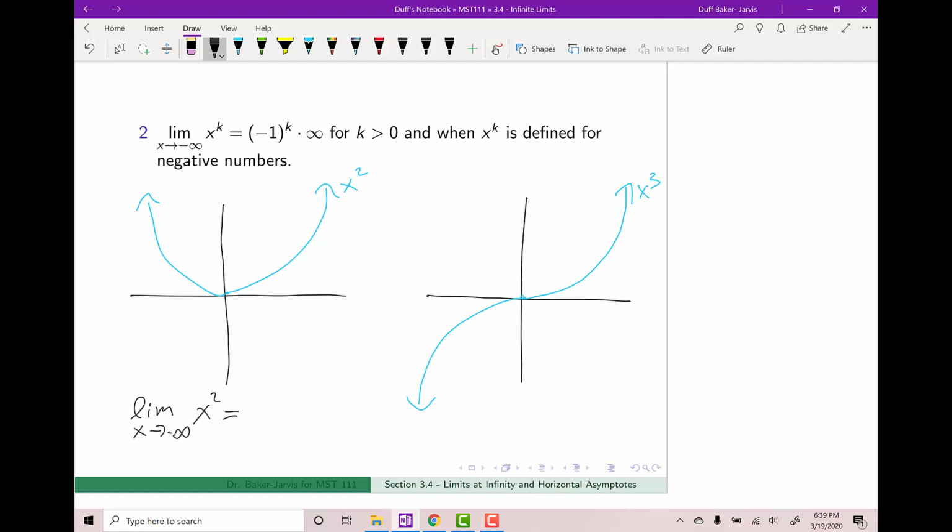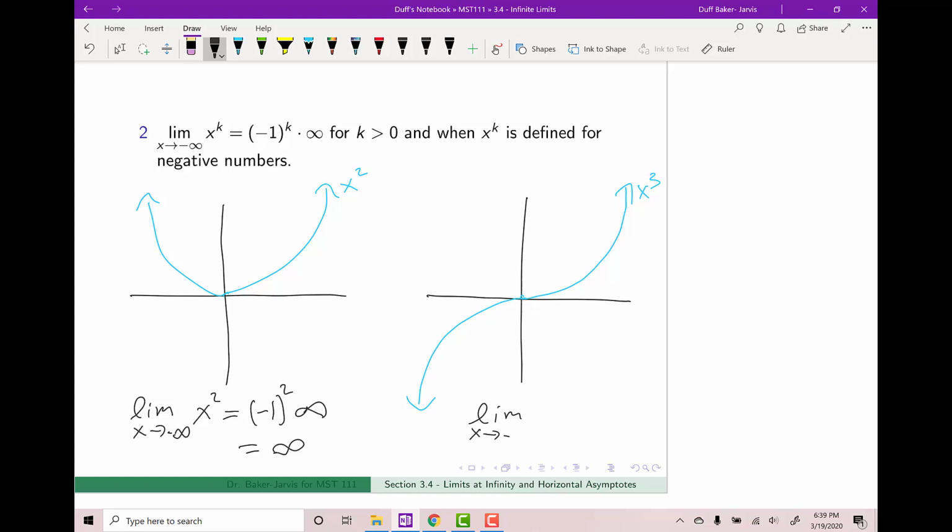And so this one would be equal to plus infinity, which we can also think of as being -1 squared times infinity, which is positive infinity. In the x cubed example, we see that it should be -infinity because as we go to the left, the outputs are getting more and more negative forever without bound.